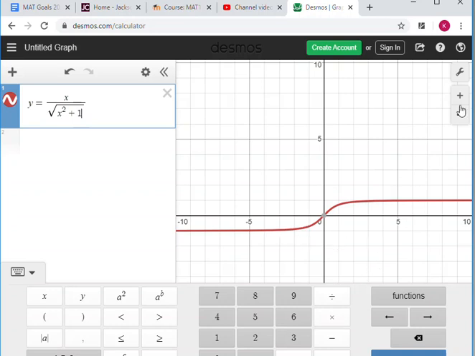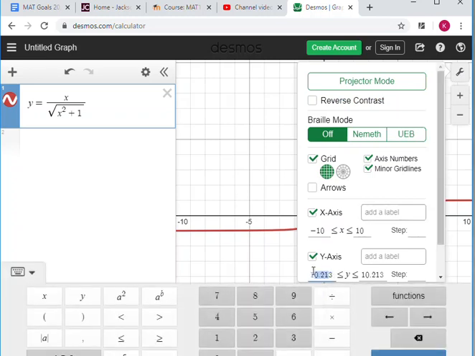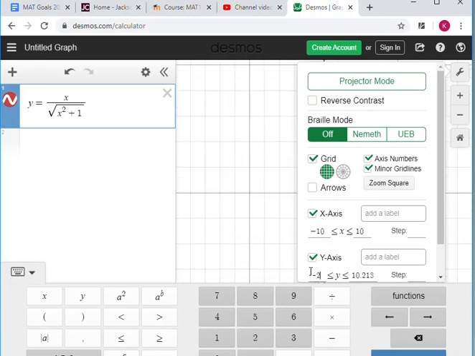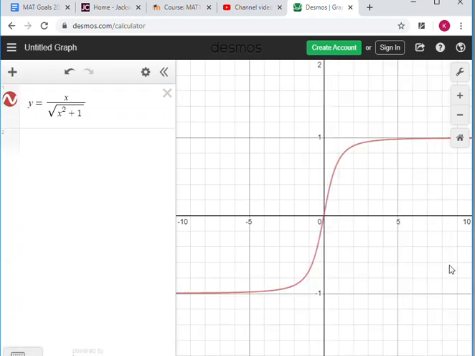You can already start seeing those horizontal asymptotes. I'm just going to adjust my scale a little bit. I don't need my y values to be that big. Let's just go from negative 2 to 2. There we go. And you can clearly see that over here on the left side, the end behavior as we go towards negative infinity has that horizontal asymptote.